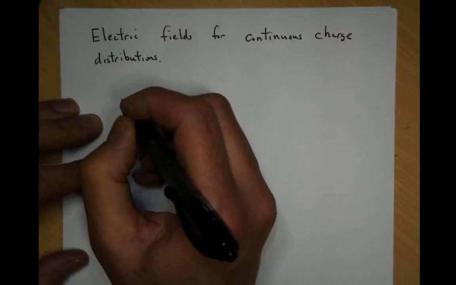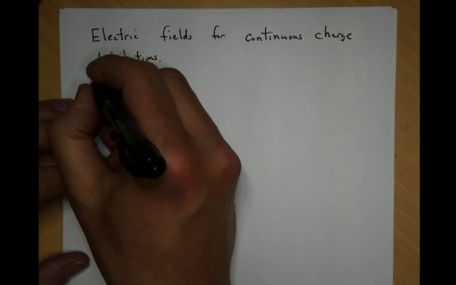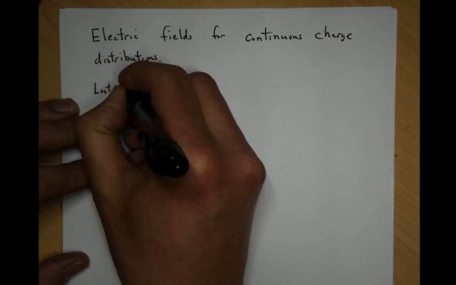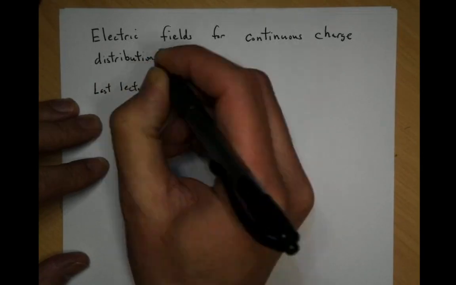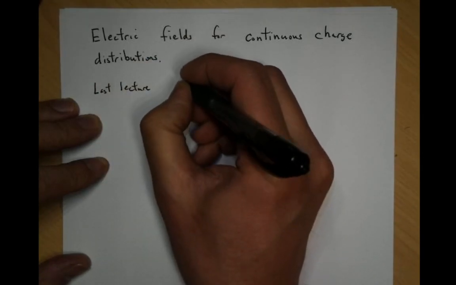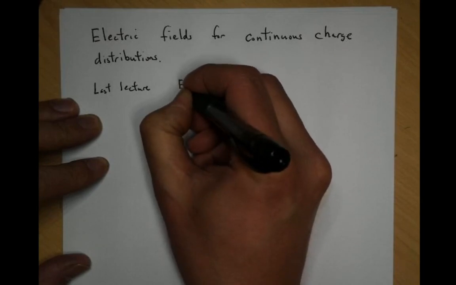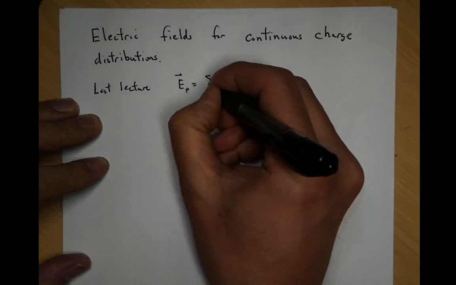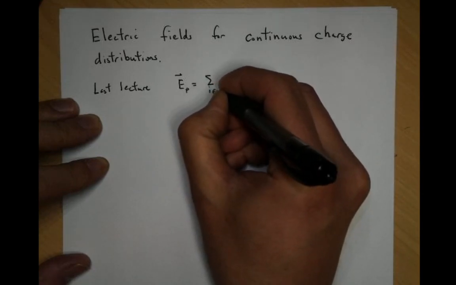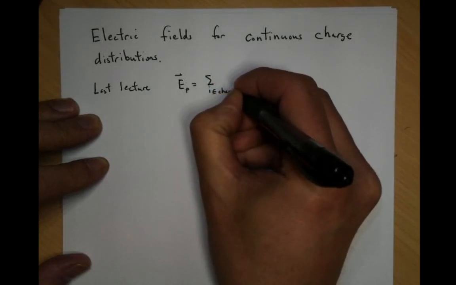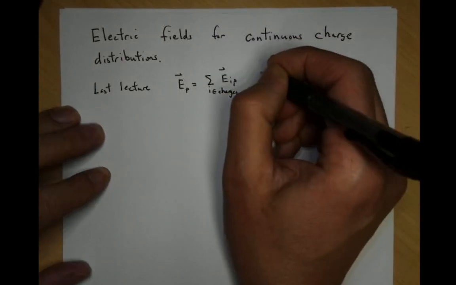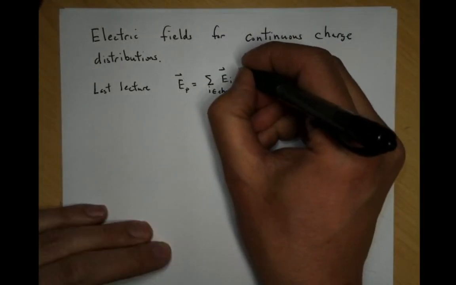Okay, so last lecture, we discussed basically how to calculate electric field. The electric field E at a point P is equal to the sum over i of all the charges, E_iP. So this is the electric field from all the different charges.